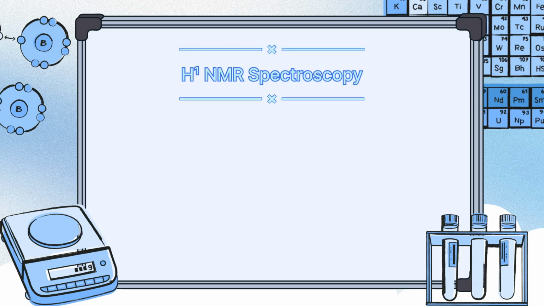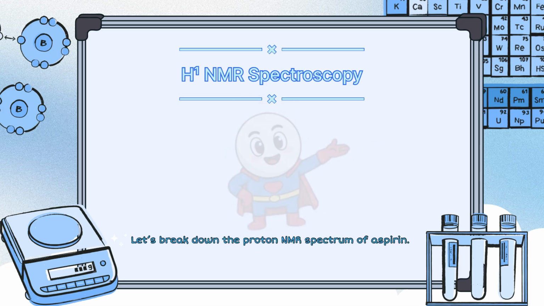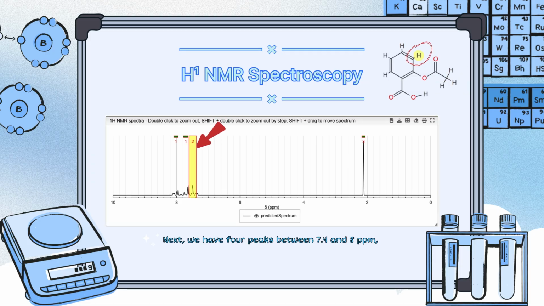Proton NMR spectroscopy. Let's break down the proton NMR spectrum of aspirin. First, at 2.1 ppm, we see a singlet representing 3 hydrogen atoms. This comes from the methyl group in the acetyl part of aspirin. Since it has no neighboring hydrogens, it appears as a single peak. Next, we have 4 peaks between 7.4 and 8 ppm, each corresponding to 1 hydrogen atom on the benzene ring.